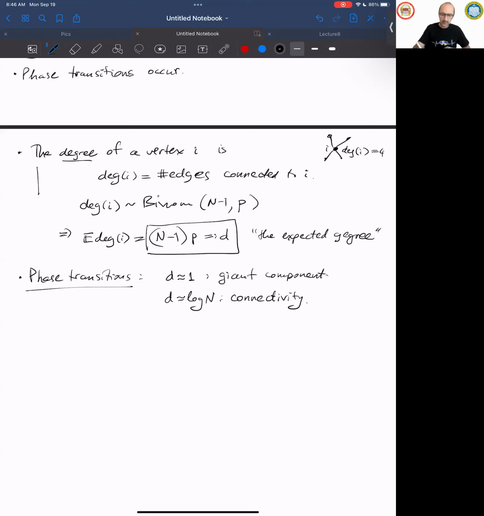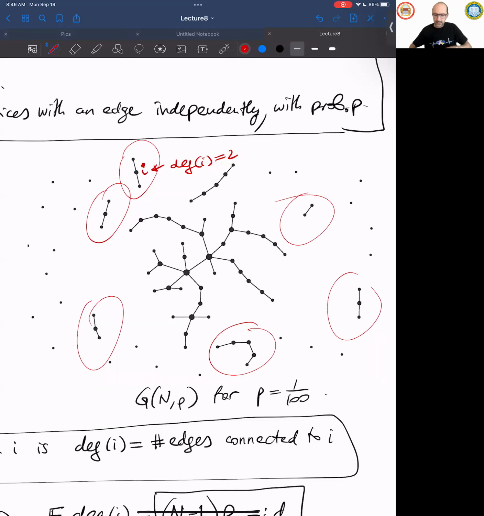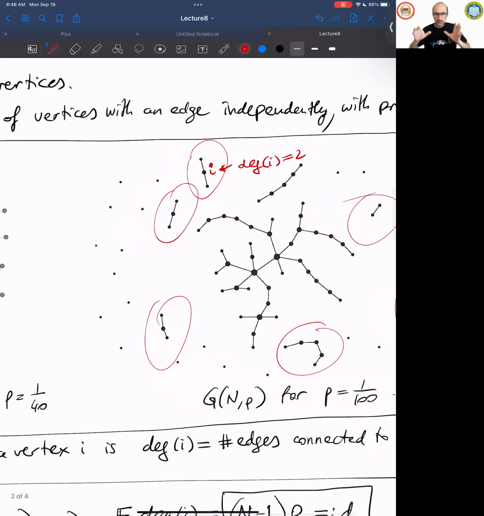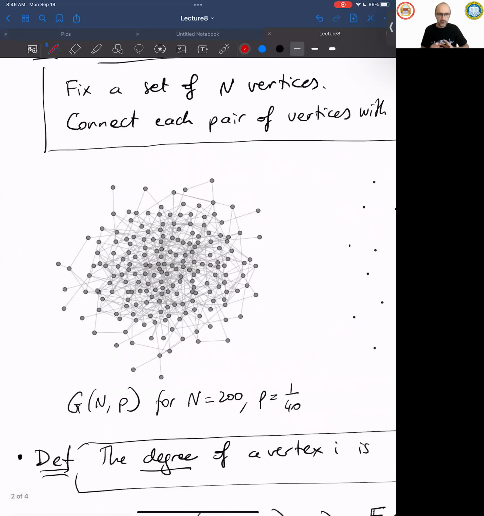So connectivity occurs. Here the graph is disconnected. There are different components that float. But as soon as we slide d above log n, the graph becomes totally connected. There are no disconnected vertices. Everything is connected, the same component.